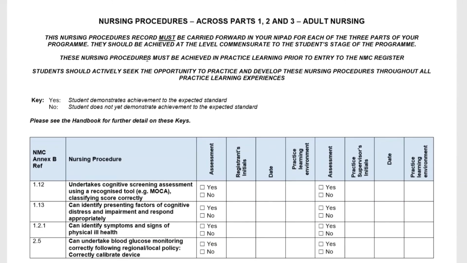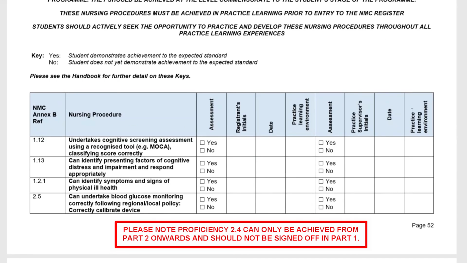Now, in terms of nursing procedures where you see the blue banner, these are procedures that must be achieved across parts 1, 2 and 3. That's because we recognise that the experiences to achieve proficiency in these are not easily accessed, and so you could not guarantee in a part of a programme the student would get access.